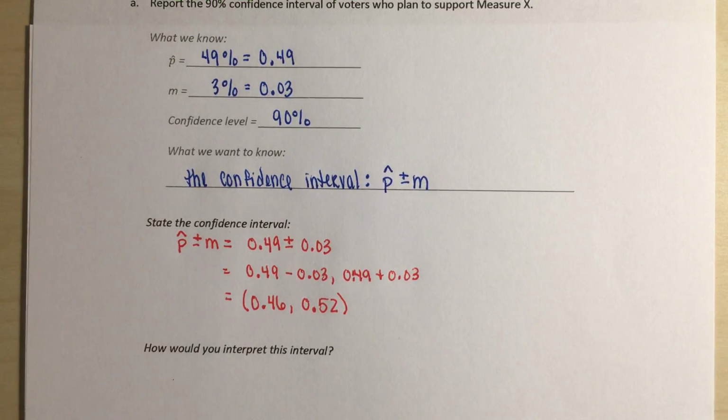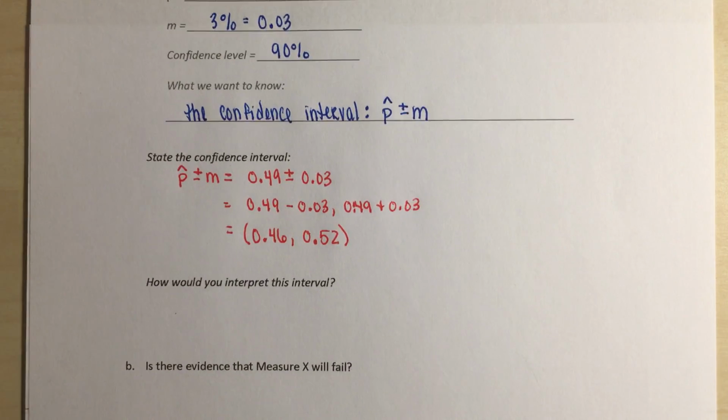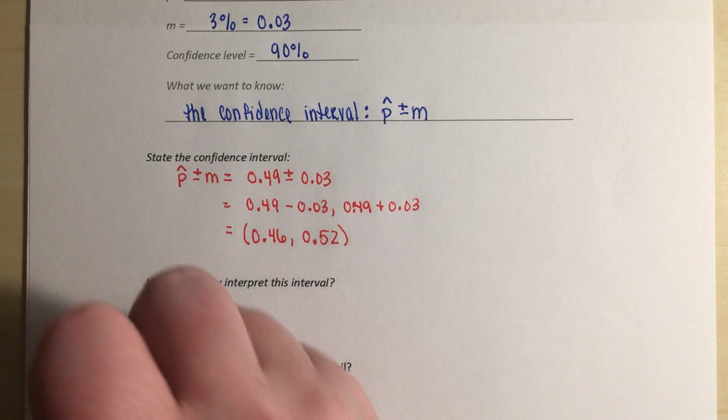All right, so our interpretations. How would we interpret this interval? Again, we start with our confidence level.